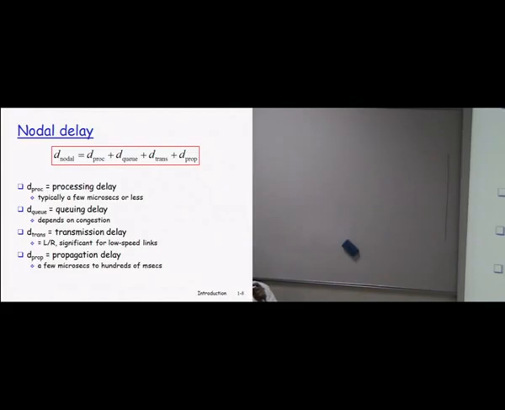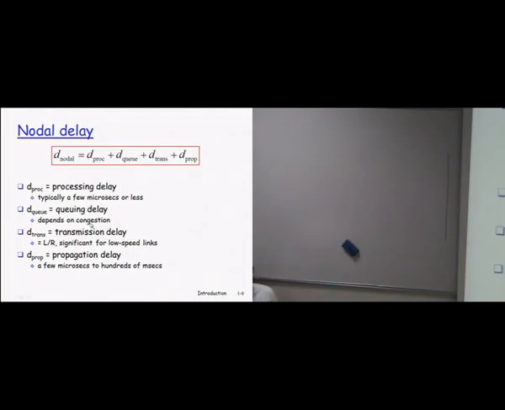Clear? Processing delay is typically a few microseconds or less. Queuing delay depends on the congestion, that is, how many packets are there in the queue, how much traffic is in the queue. Transmission delay is the size of the packet divided by the bandwidth, significant for low speed links. If the speed of the link is low, it is significant.